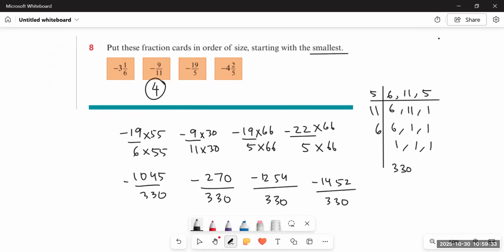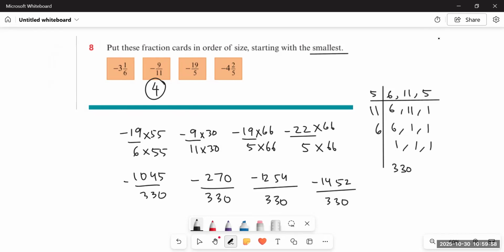Now let's focus on the rest of the three ones. 1045, 1254, 1452. Among these three, if they were positive numbers, 1452 is the largest, 1254 is the second one, and 1045 would be the third one, right? So if they were positive numbers, this would be the sequence.